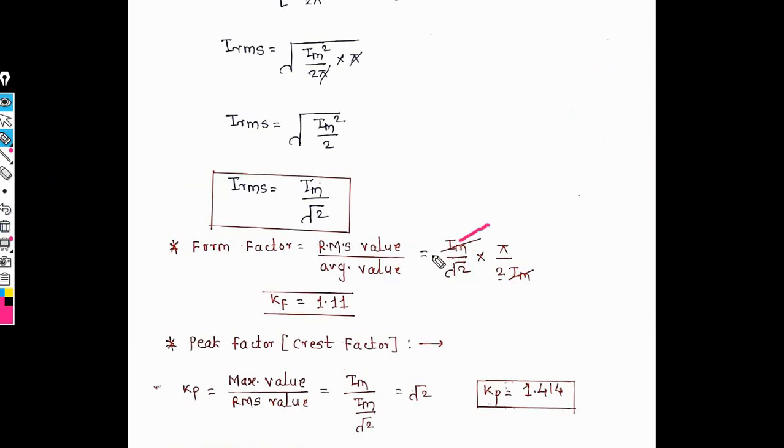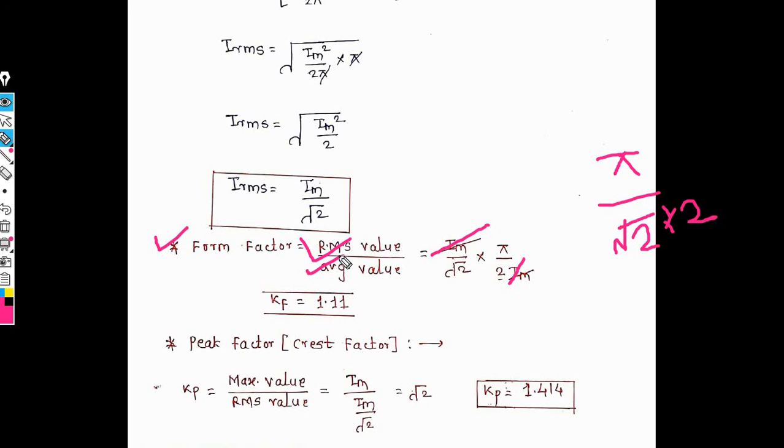Then Im cancels, and pi upon 2 root 2 has a value of 1.11. That is called the form factor, based on the RMS value and average value.